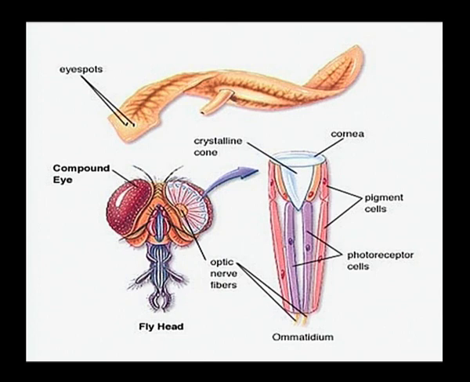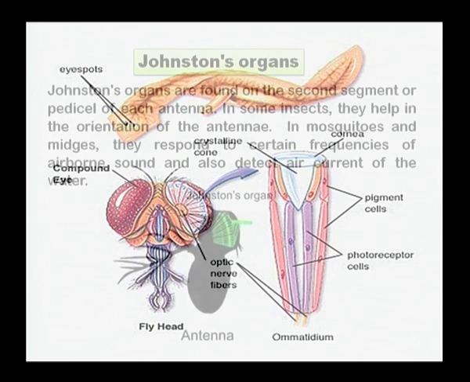This diagram depicts the transverse section of an ommatidium of the compound eye, where you can see that there is a cornea below which a crystalline cone is there, which is surrounded by the pigment cells, and near the pigment cells we find the photoreceptor cells, which are attached to the nervous system or the optic nerve cord.